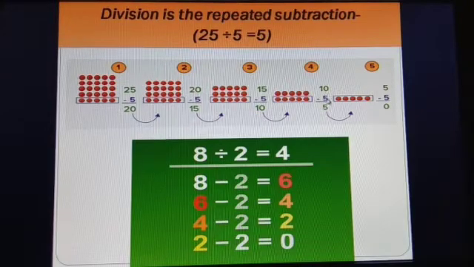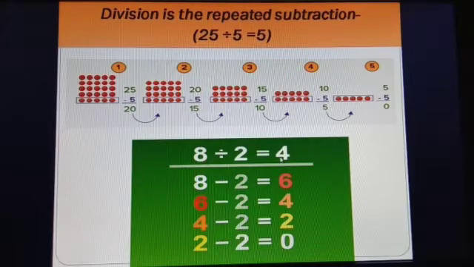Subtract 5 from 10 again, the answer will be 5, and the last 5 minus 5 is equal to 0. Means we have to repeat this process until we get 0. So check how many times we have subtracted. 1 time, 2 times, 3 times, 4 times and 5 times. Means the answer is 5.